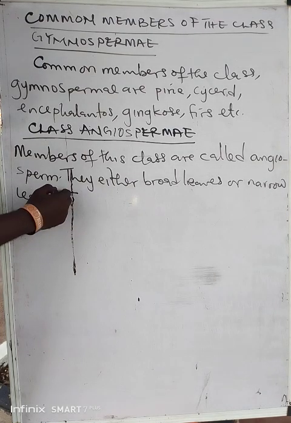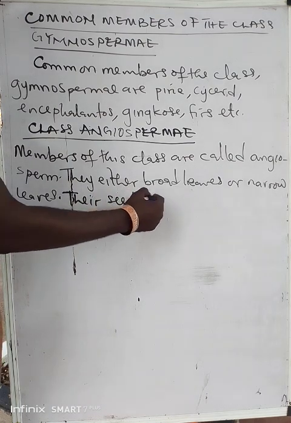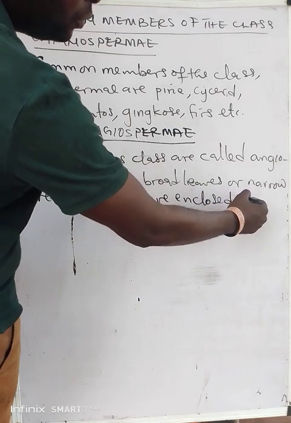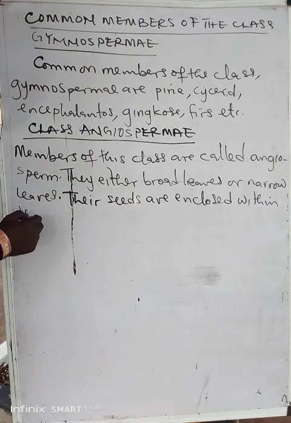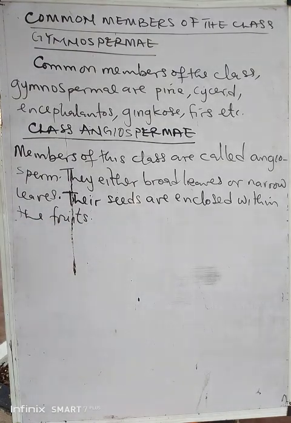And another thing is that their seeds are enclosed within the fruit. So they don't have naked seeds, like the case of the gymnosperm we just did. So their seeds are inside fruit. Fruit cover their seed like mango. You have to eat the fruit before you see the seed inside. So that's one thing about them.